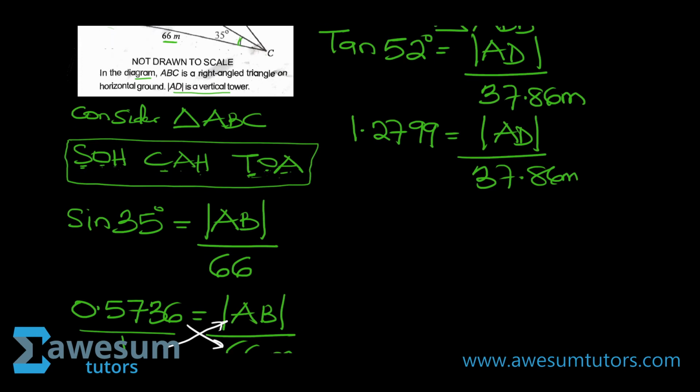What can we do right here? We know that 1.2799 means 1.2799 over 1, right? So for me to calculate line AD, I can cross multiply. 1 times line AD is going to give me line AD, equals 1.2799 times 37.86 meters.